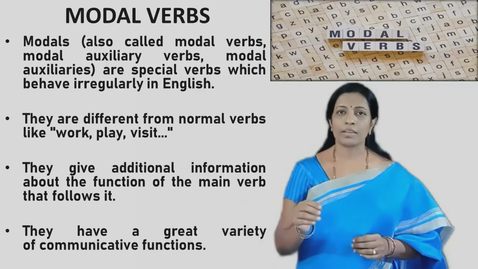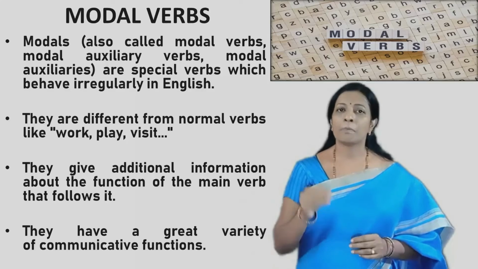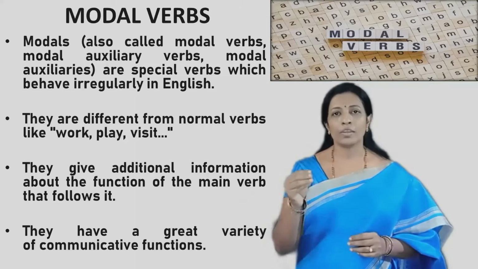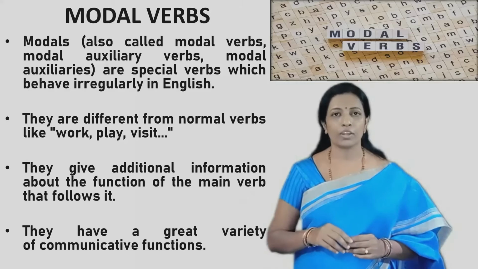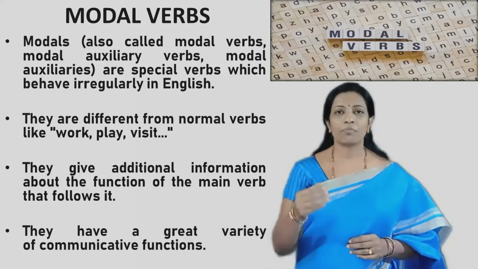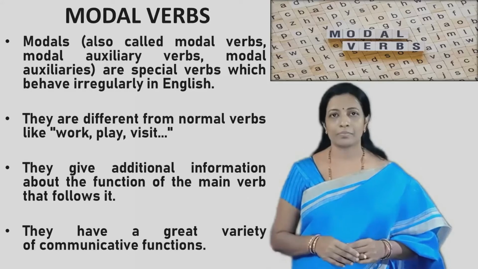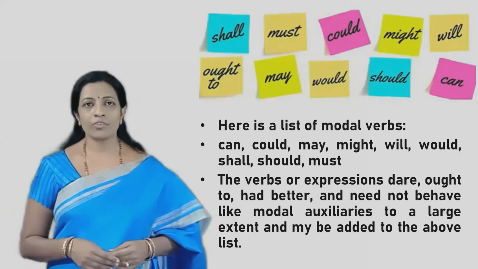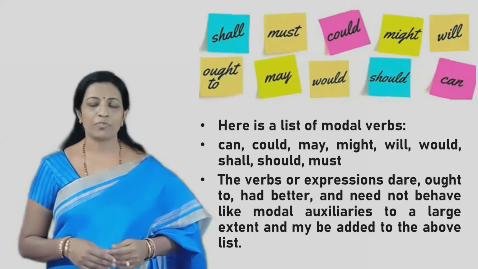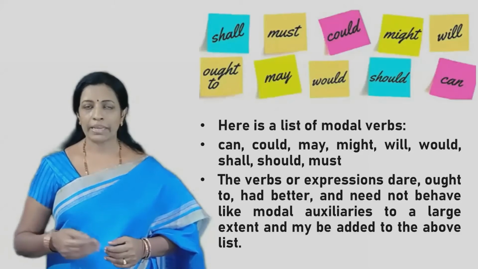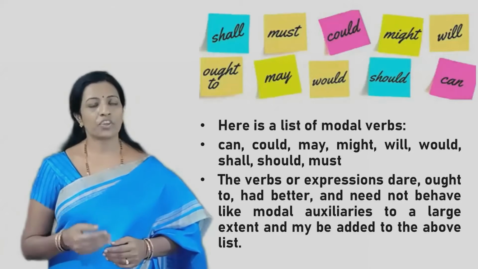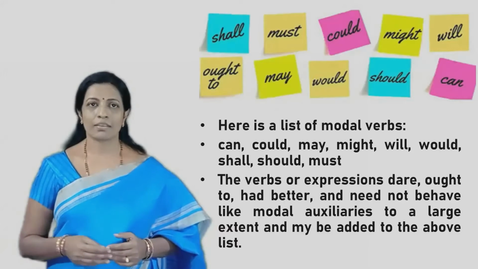These auxiliary verbs or modal verbs play a very important role during communication. They have various kinds of communicative functions which we will now have a look at. Now, here is a list of the different modal verbs which we use. Can, could, may, might, will, would, shall, should, must.